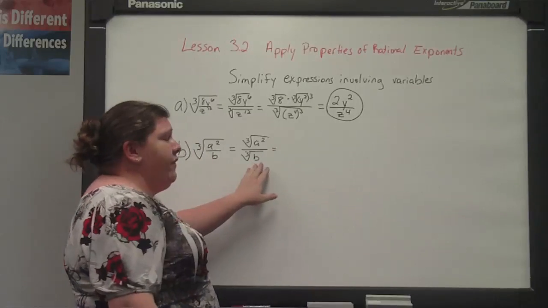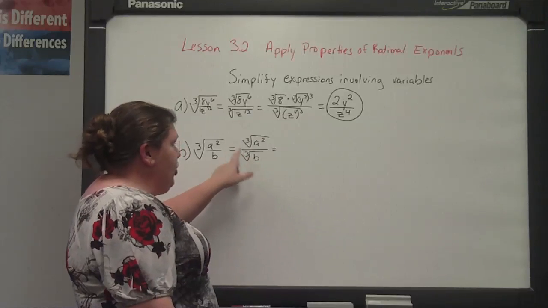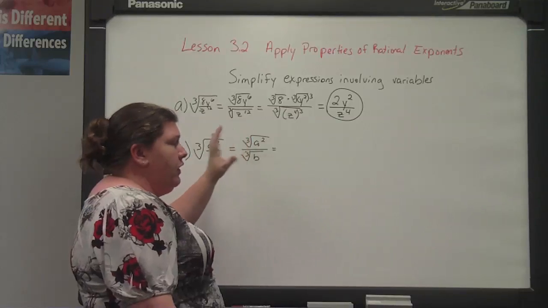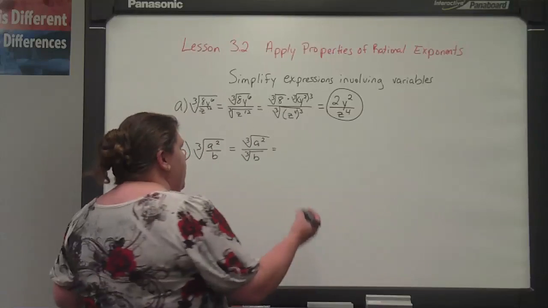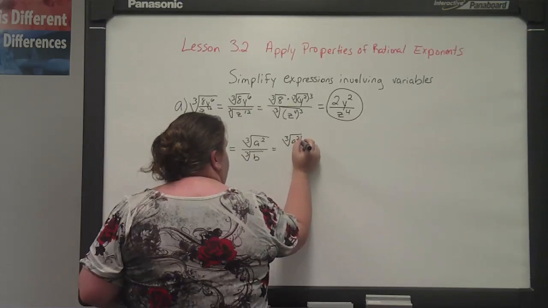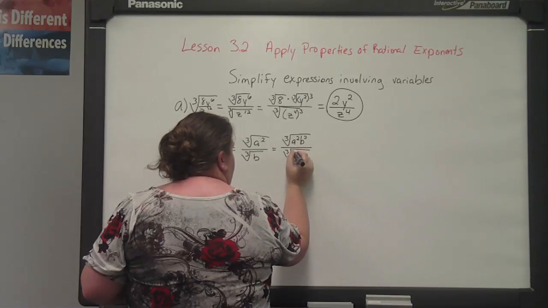But because I only have one b in the denominator and I need a cube root, I'm going to multiply the top and bottom by b squared. The cube root of a squared b squared over the cube root of b times b squared.